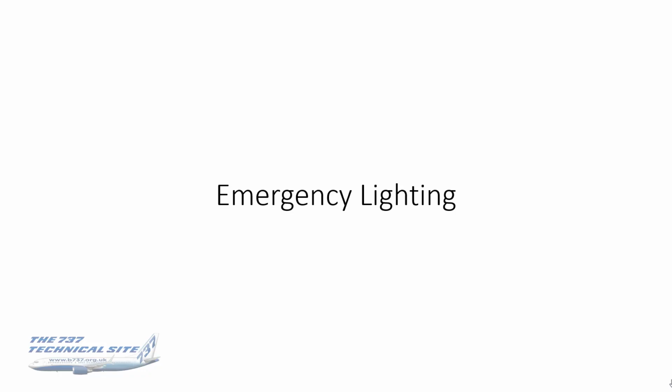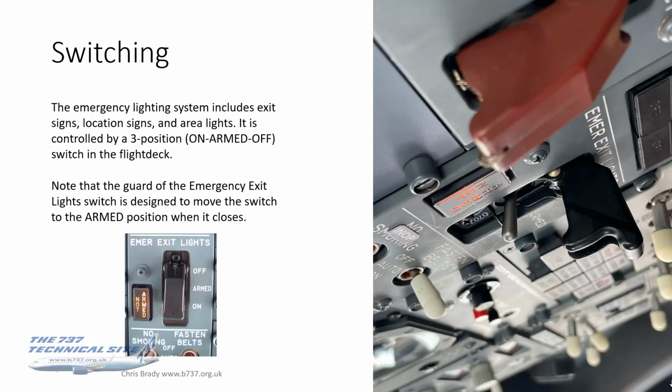Okay, emergency lighting. Let's talk about this. As we know, by emergency lighting, we're talking not only of the exit signs, but the location signs and area lights, controlled by this 3-position on, armed, off switch in the flight deck.